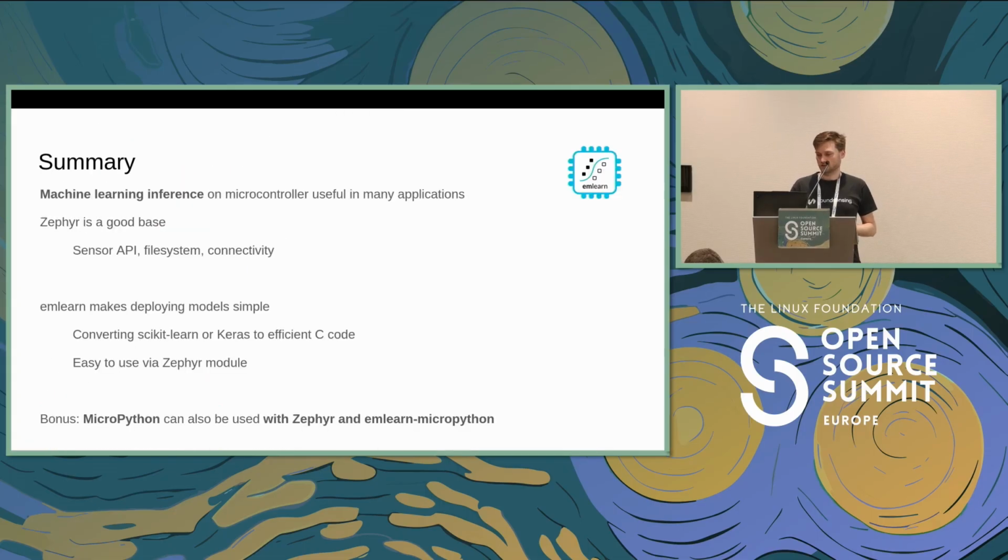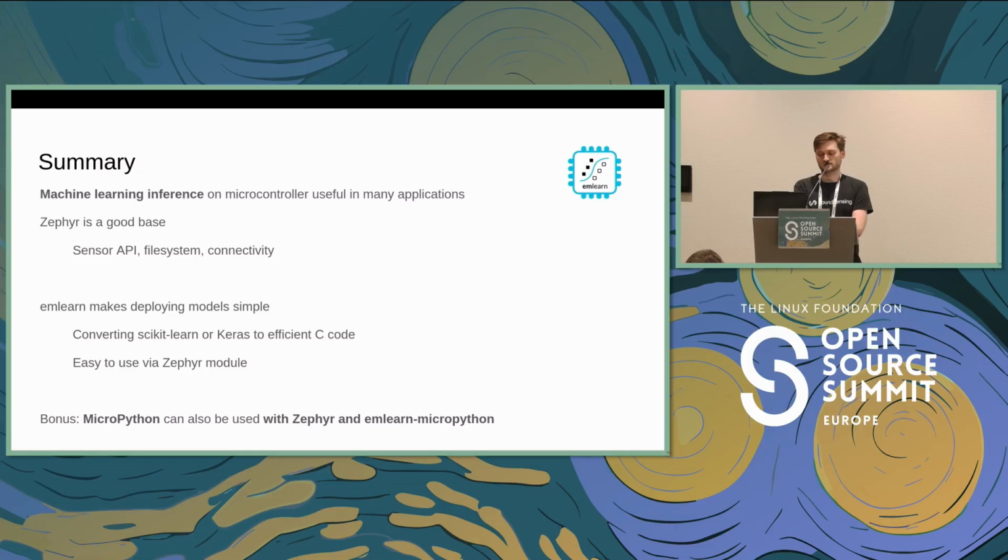To summarize, machine learning inference, so running a trained model on the microcontroller, is useful for many applications. And Zephyr is a good base for this, especially because it has a sensor API with a lot of existing drivers, and you need some sensor data in these kinds of systems.